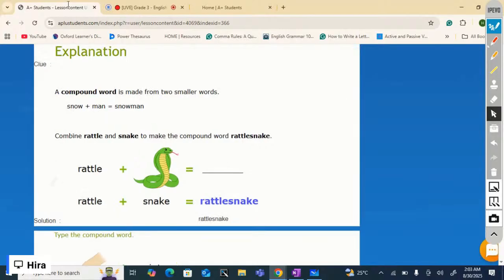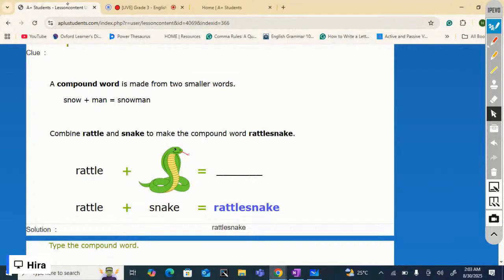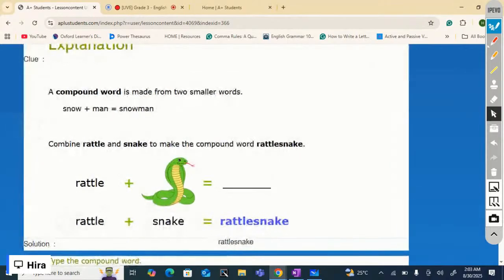Okay, so what is a compound word? A compound word is made from two similar words. It means it's a word, sometimes a big word, which is made from two smaller words. Let's say snow and man.